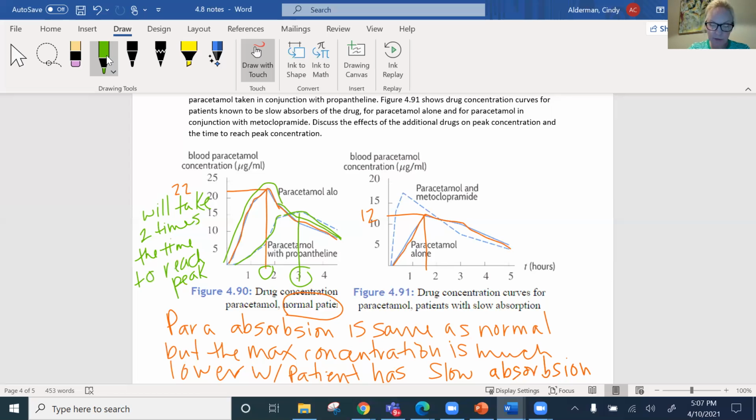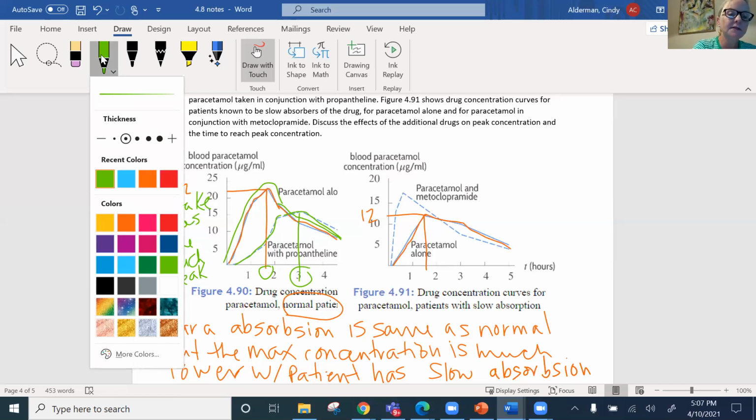And then finally, if you compare the second diagram, I'll use one more color for this one. Green.